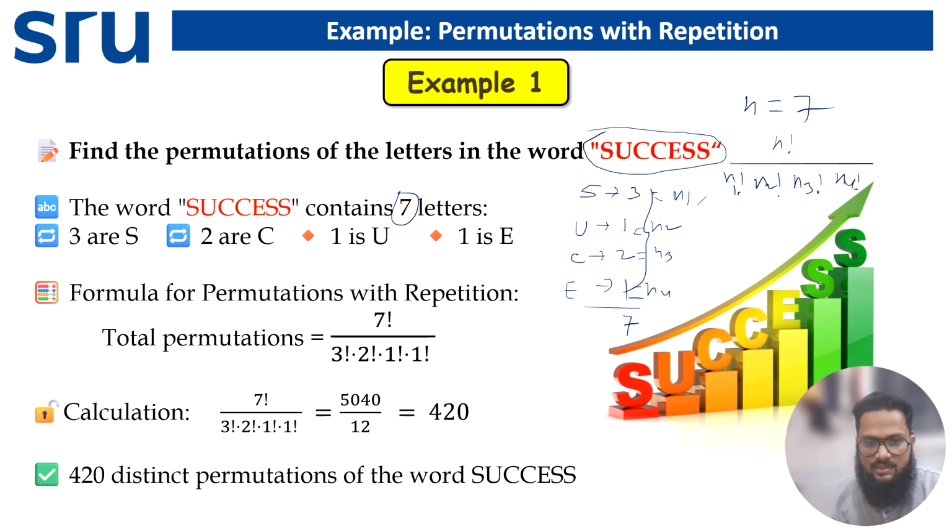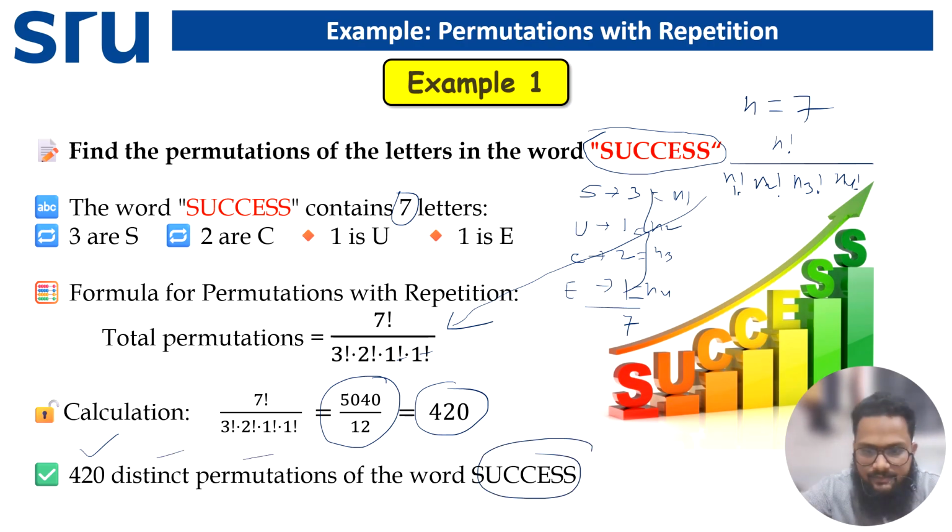This is the calculation: 7 factorial is the total number of elements factorial, then the individual repeated elements. 1 factorial is nothing but 1 only. So 7 factorial divided by 3 factorial and 2 factorial, and if you solve it, you will get 420. So a total of 420 distinct permutations of the word success is possible. Clear? So this is called the permutation with repetition formula.